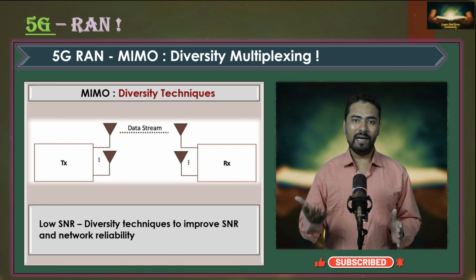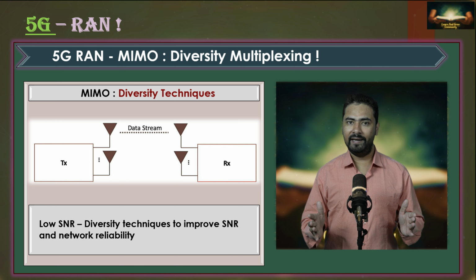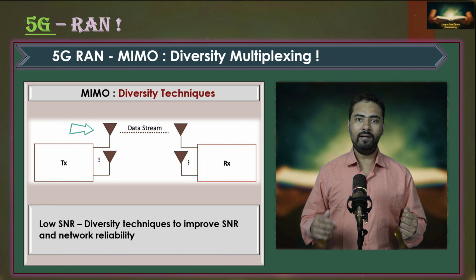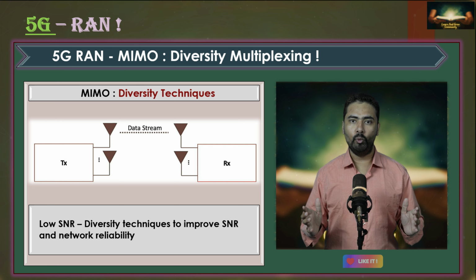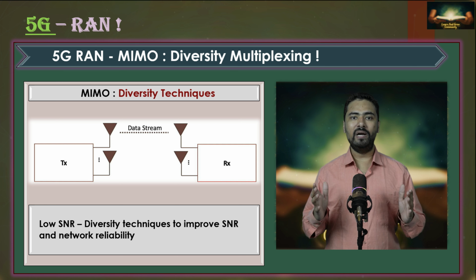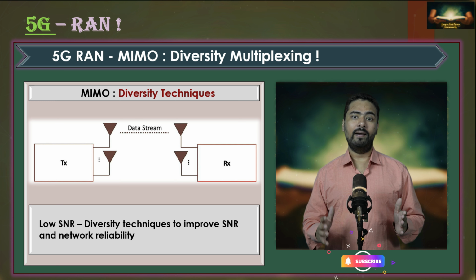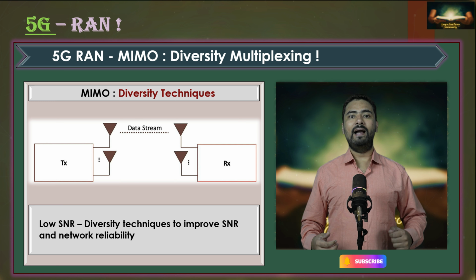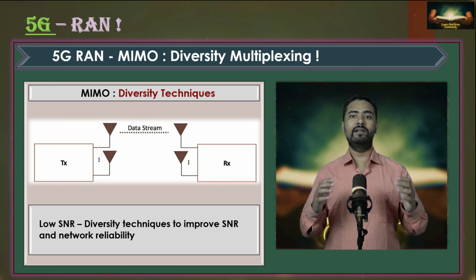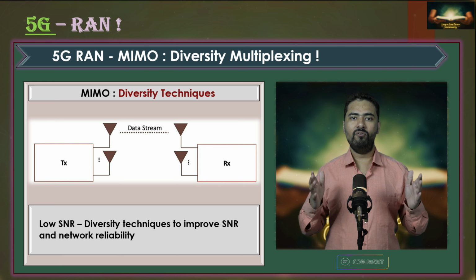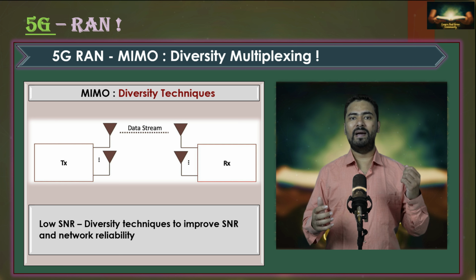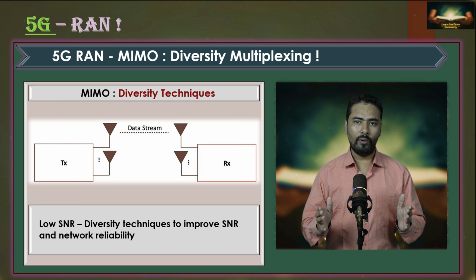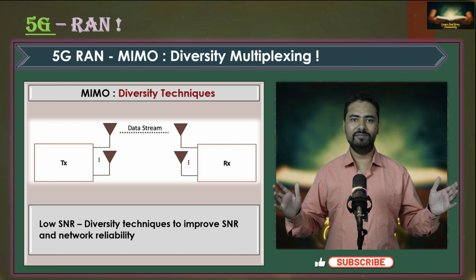Now, when multiple antennas are used at both ends, meaning at the transmitting end and at the receiving end, then this is referred to as a MIMO or multiple input, multiple output setup. And when there are at least 16 transmit antennas and 16 receiving antennas, then it is often called massive MIMO. However, some say that the minimum number of antennas for massive MIMO should be 32 antennas or more for each side.